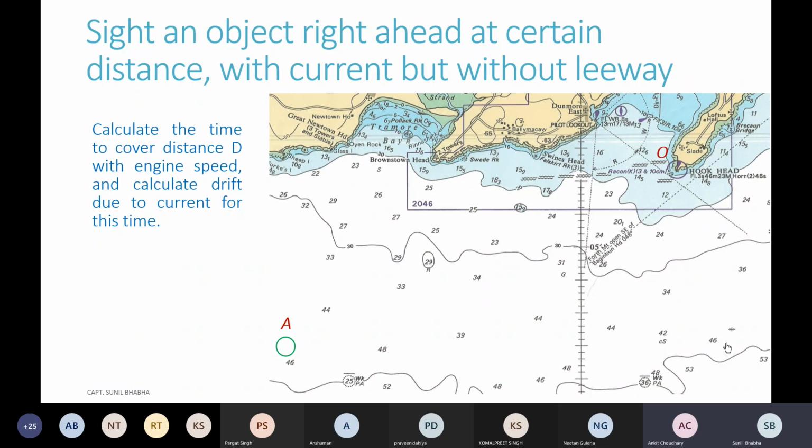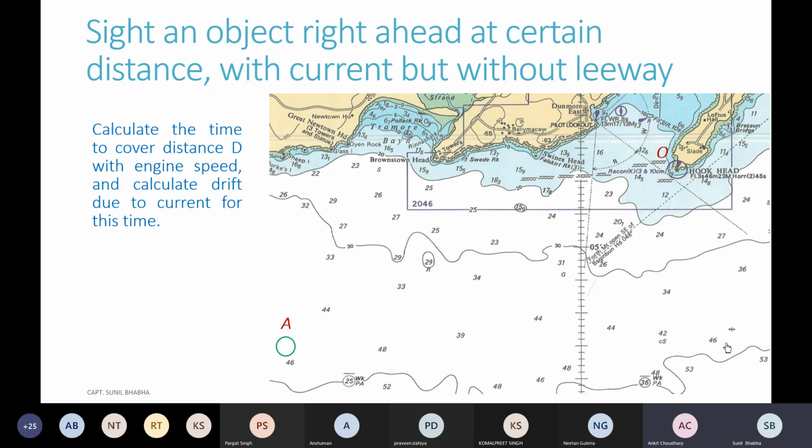So step number 1 in this question, we need to find out the time required to cover the given distance. Let us say they want us to have this lighthouse right ahead at 12 miles off. So we need to find out the time that our ship requires to cover this 12 miles distance using our engine speed. Let's assume our engine speed is also 12 knots.